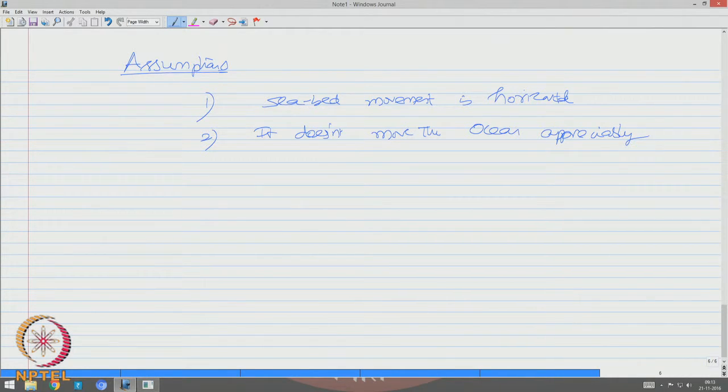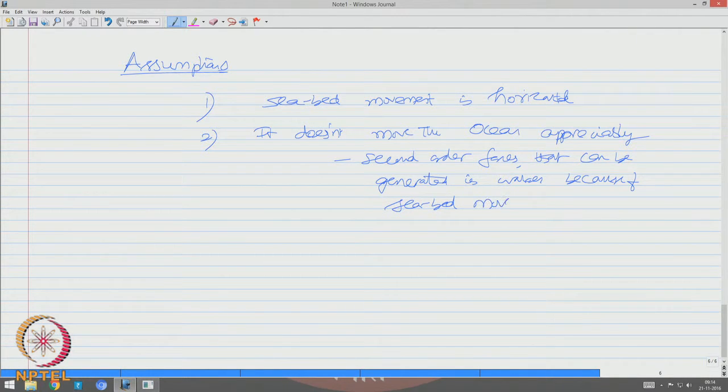What does it mean is the second order forces that can be generated in waves because of seabed movement is neglected.